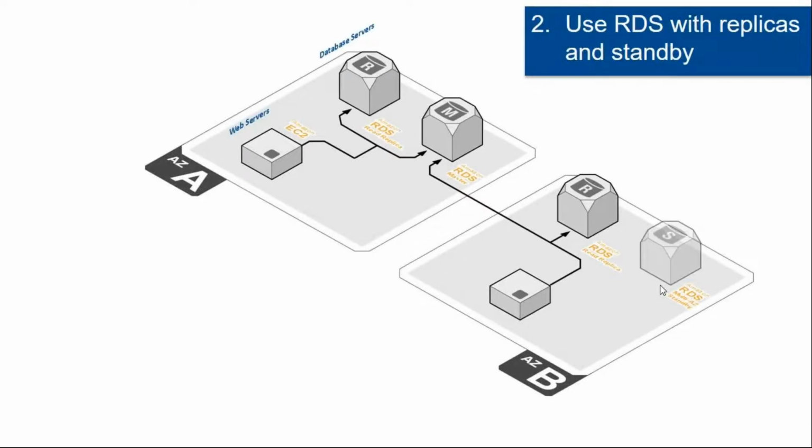And use RDS with a replica and standby. Sometimes we need a standby data backup for database services. If our database crashes, we have a standby to fulfill our website requests.